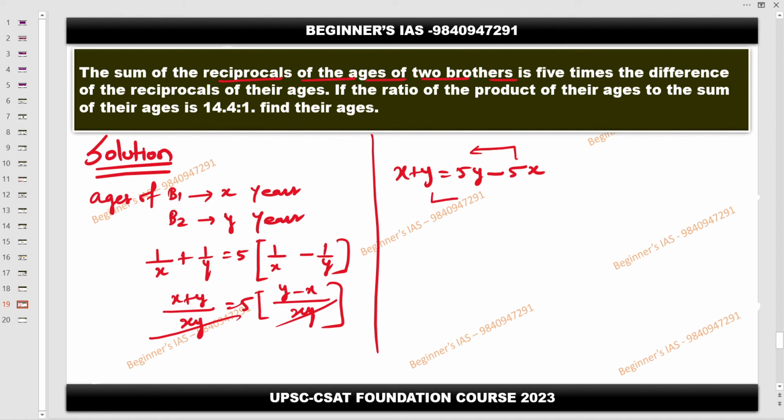Bring this, then bring this. So therefore here 6x is equal to 4y. x by y is equal to 2 by 3. So now read the statement carefully here.